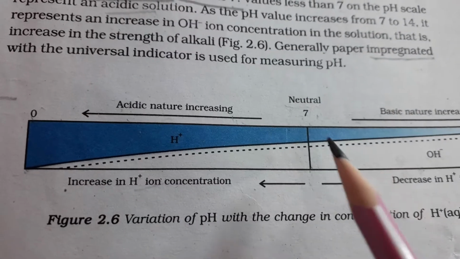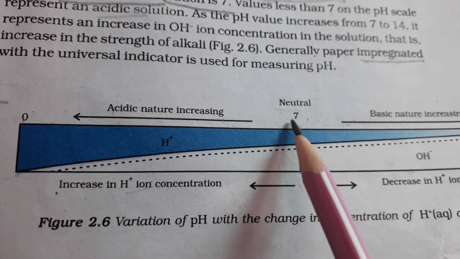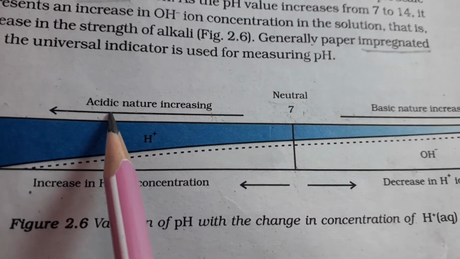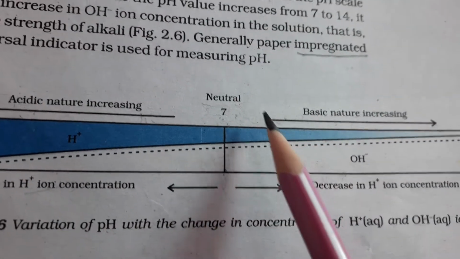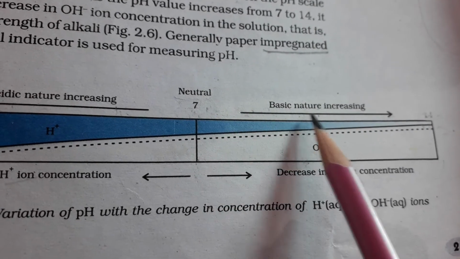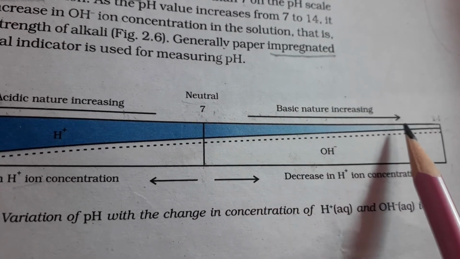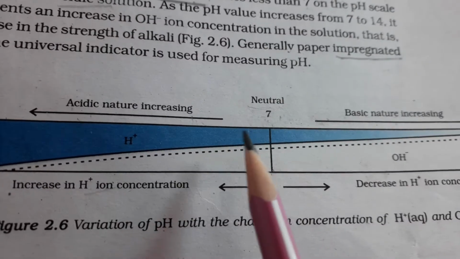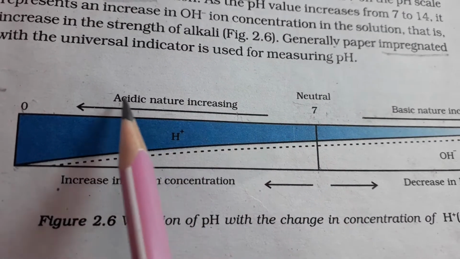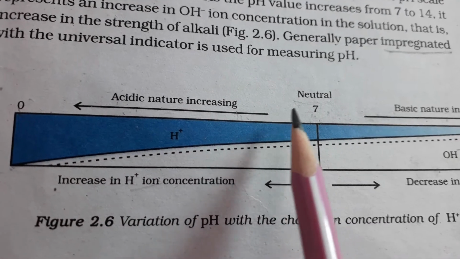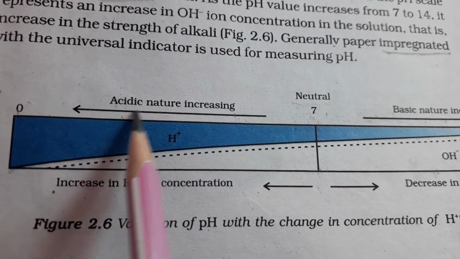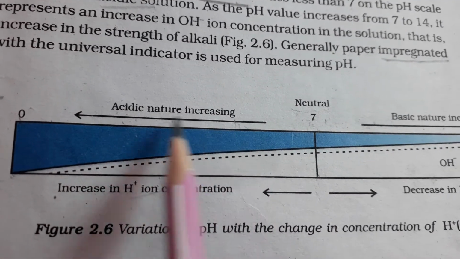On the pH scale, if the value is less than 7, it indicates the acidic nature of a solution, and if the pH value is more than 7, it indicates the basic nature of a solution. As we move from 7 towards 0, when the numbers are decreasing on the pH scale, the acidic nature of the solution increases.